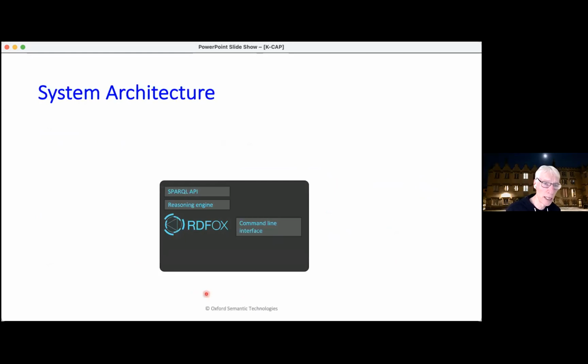And the other side of the coin is system architecture. When we finished developing RDFox in the lab, it looked like this. It basically just had a reasoning engine with a SPARQL API and a command line interface.